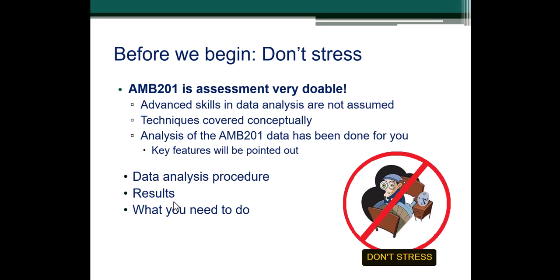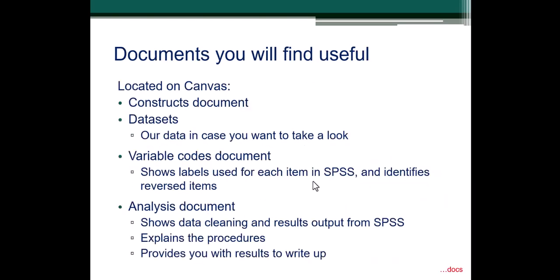There's a document up on Canvas already, which will describe all of the results and provide you with the actual numbers that you need to incorporate into your report, and also an outline of what you need to do. And we'll also be talking about that in this video. So just a heads up, don't stress about this. This part of the unit is not intended to stress anyone out. It's really giving you that background of data analysis that's associated with quantitative research.